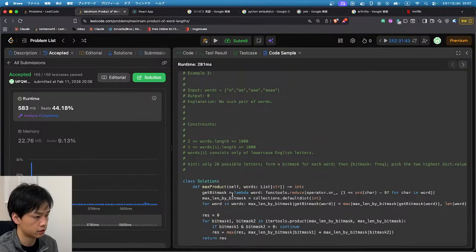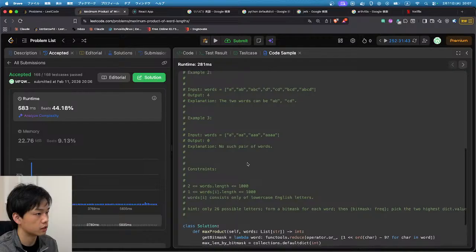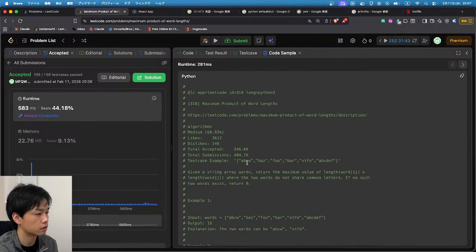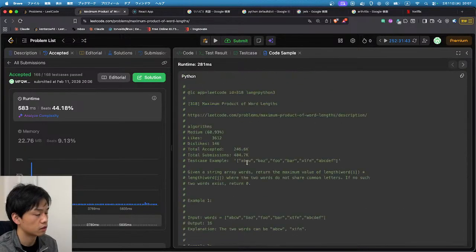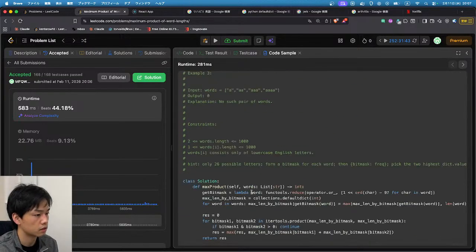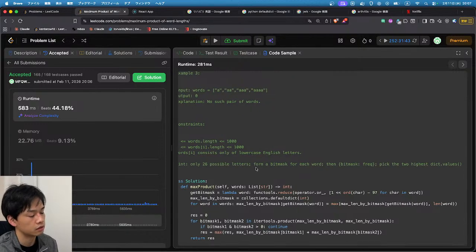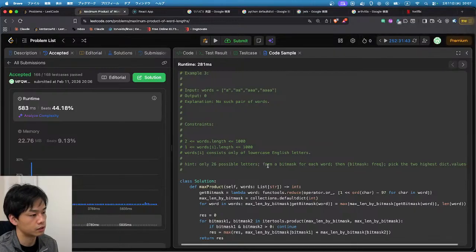Bit mask. What is it? Only 26 possible letters, so I can get the hint. I can get the key information, but it's different how it's solved.